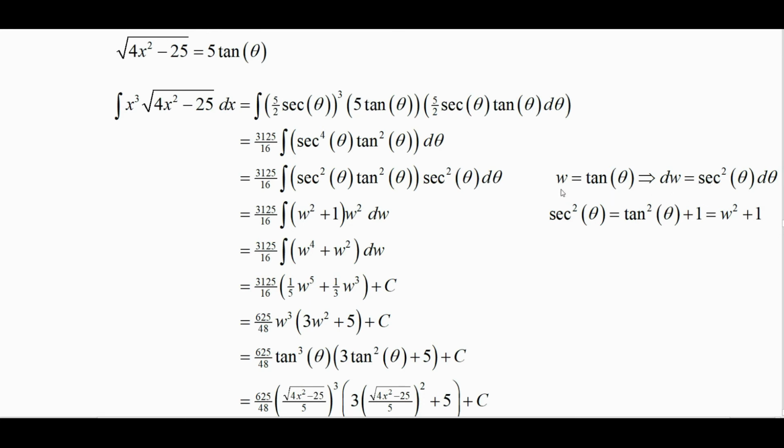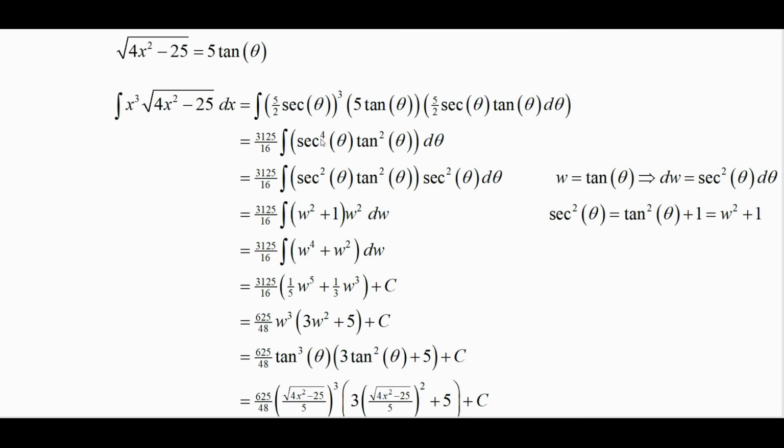And so w is tangent theta, dw is secant squared theta d theta. Secant squared of theta is tangent squared of theta plus 1, which is w squared plus 1. Okay, and then we substitute that in. Let's see what we've got.